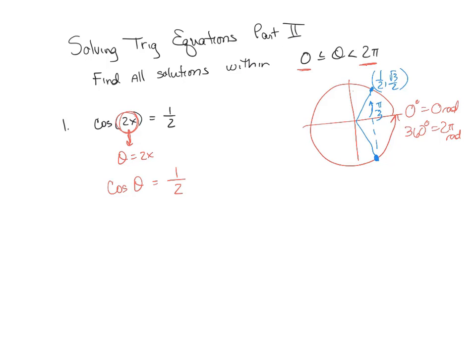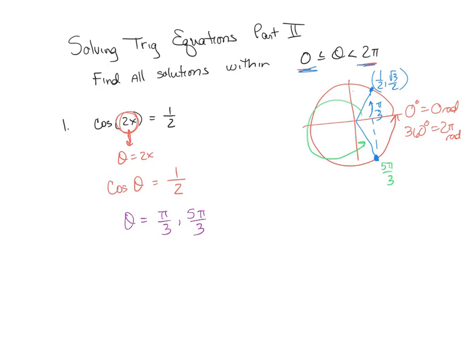And I want the ones between 0 and 2 pi, so I want to go around this way, not choose the negative angle, so this is going to be 5 pi over 3. So this means that theta, to solve this equation, is going to be pi over 3 and 5 pi over 3.